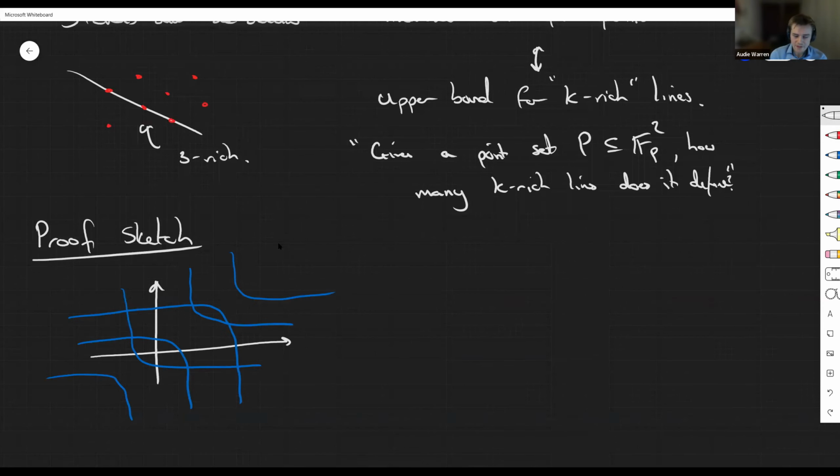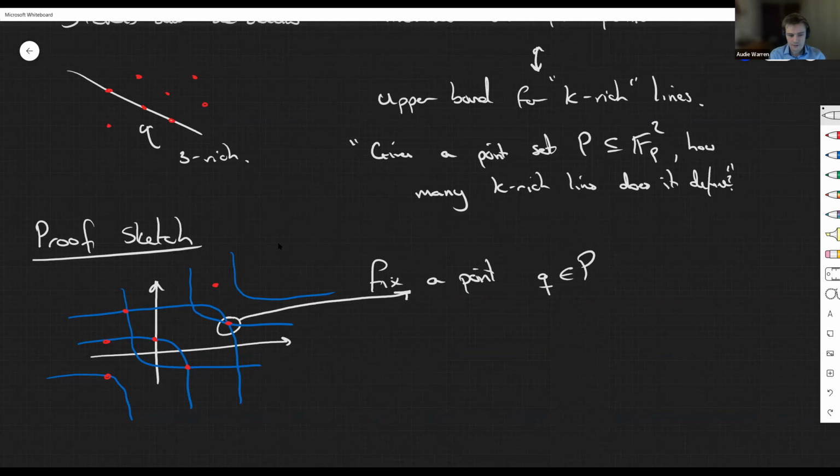We want to give an incidence bound between our blue set of transforms and this red set of points. What we're going to do is give a bound via each individual point. So we look at this locally. Let's fix some point Q in our point set, and let's say it's this one here.